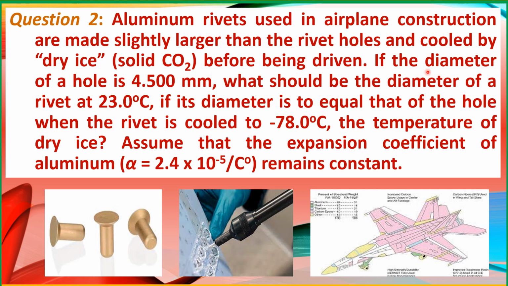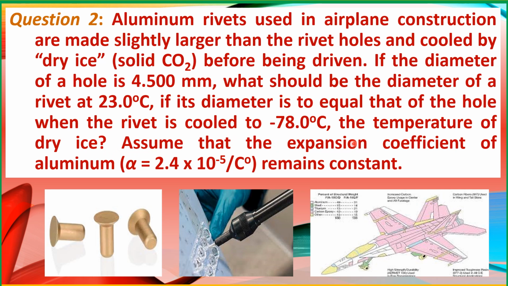If the diameter of a hole is 4,500 millimeters, what should be the diameter of a rivet at 23.0 degrees Celsius if its diameter is to equal that of the hole when the rivet is cooled to negative 78.5 degrees Celsius, the temperature of dry ice.